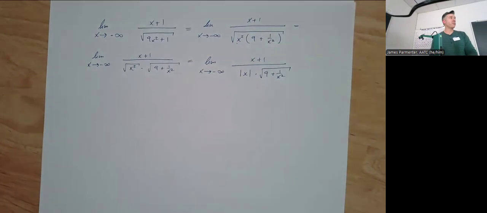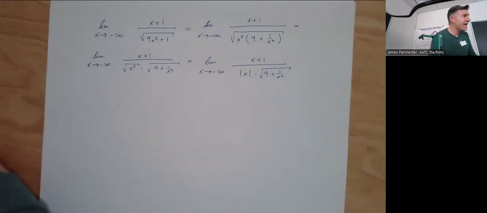Okay, now, important question. Is x positive or negative? It's the limit as x approaches what? What's x approaching? So is x positive or negative? Very negative, as negative as it gets.